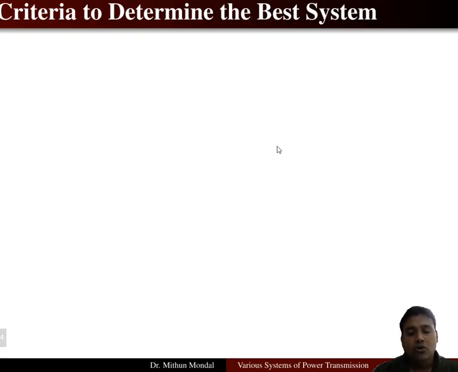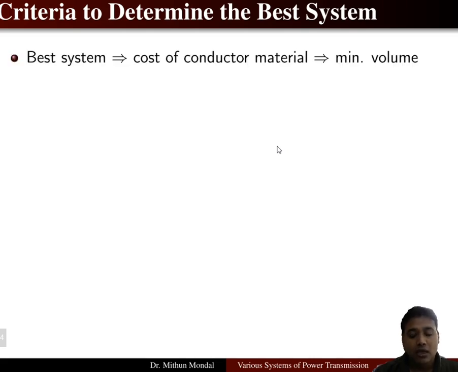Now, what is the criterion to determine the best system? Among the various types of systems available, how do you determine which system is best? The best system can be determined from the cost of conductor material. So what is the cost of the conductor material? This cost is basically determined from the volume of the conductor material used.